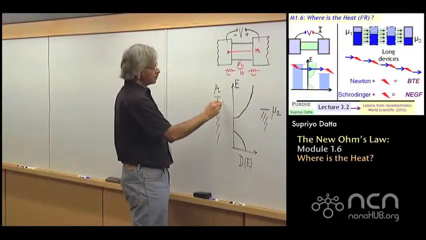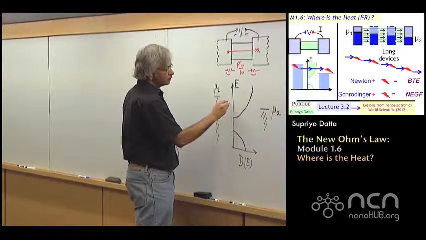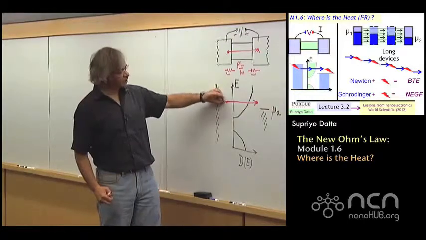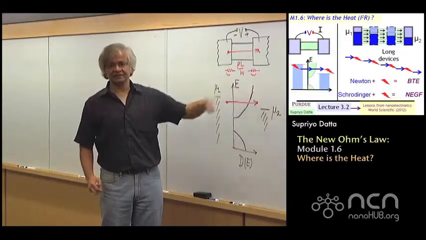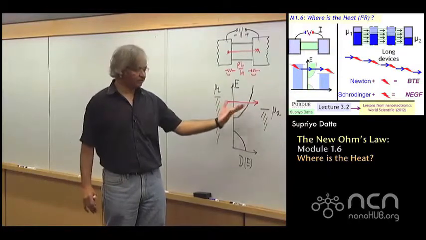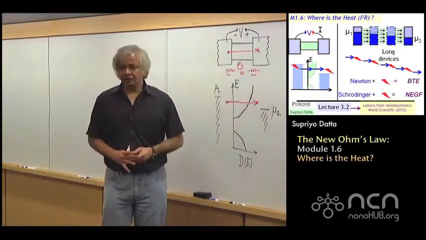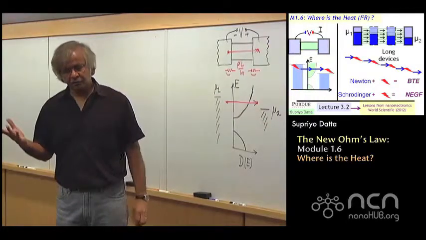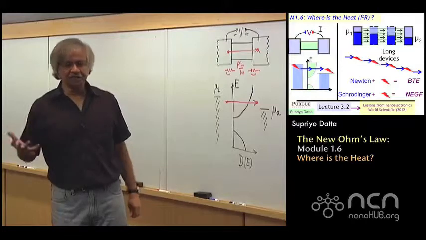So in this picture, the electron just goes from here to there. If it came in with a certain energy, it exits with exactly the same energy, and doesn't give up or absorb any energy from its surroundings. Now, if so, then the question is, how is the heat generated?